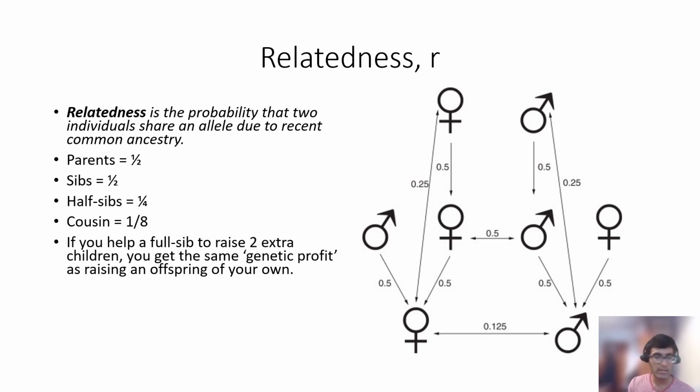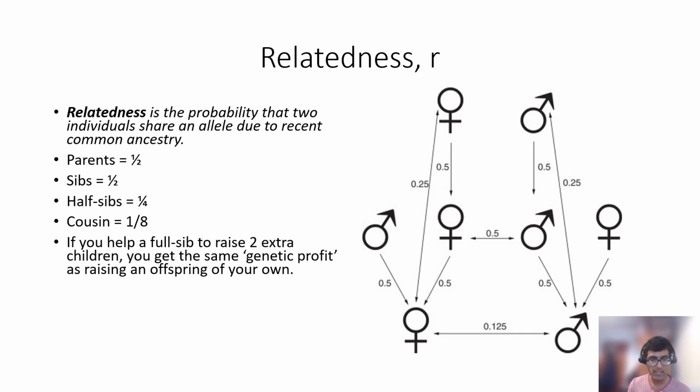One can look at this in detail, and I'll give you a formula in a moment for how to work these relatednesses out. But the point here is, if you help a full sibling to raise 2 extra children, then you get the same genetic profit as raising an offspring of your own.